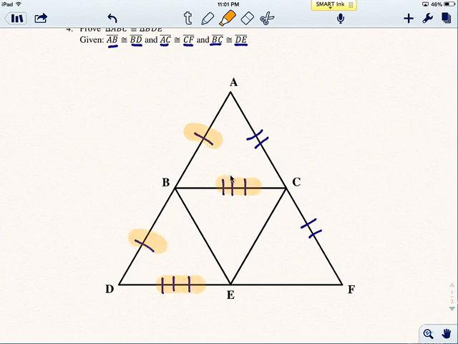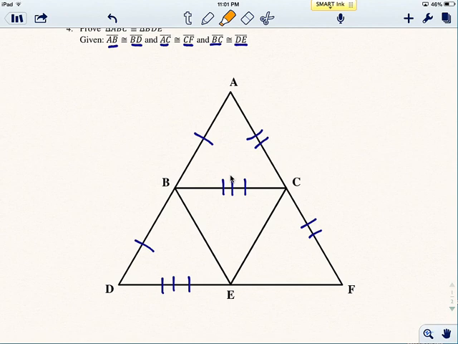And so anytime I have 2 sides, I should automatically be thinking side angle side. So to do side angle side, I would need to somehow prove that those 2 angles right there were congruent. And this one's a little bit more complex, guys. There's a couple more steps in here.